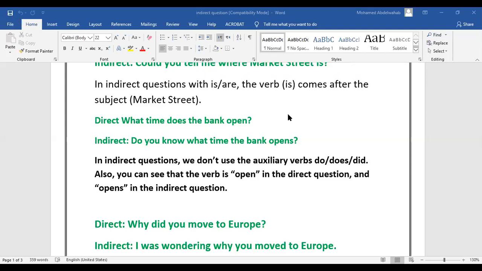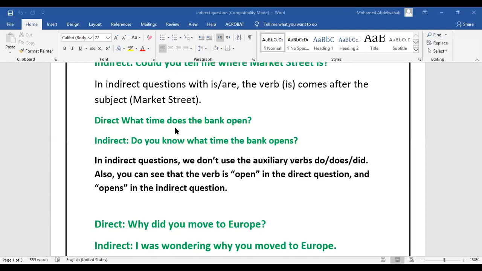بنحذف do أو does أو did لما بنحول السؤال لغير مباشر. What time does the bank open? لما نغيرها لغير مباشر, do you know what time? Omit does, بنحذف does, the bank opens, and add s or es to the verb. يبقى مع does بنشيلها وبنضيف للفعل s أو es. If we have do, لو السؤال عندي فيه do, just omit do. احذف do بس and don't change the verb. ما تغيرش الفعل.